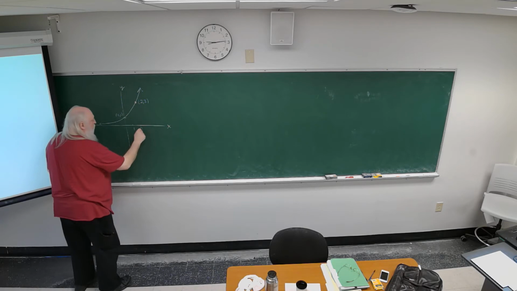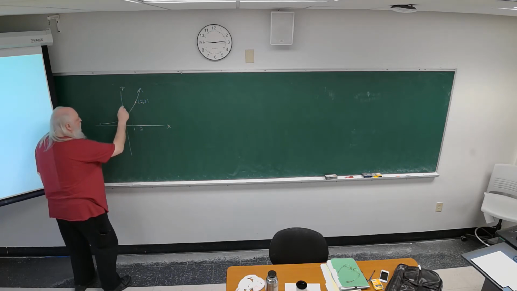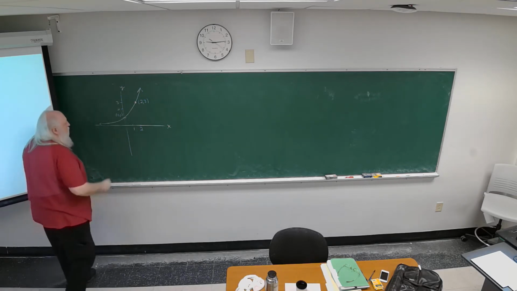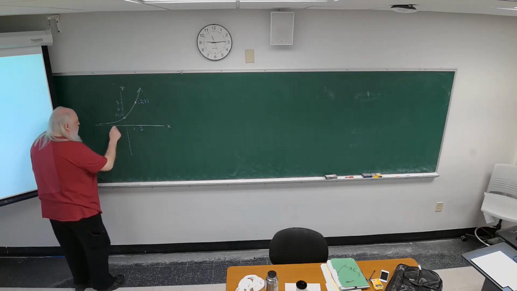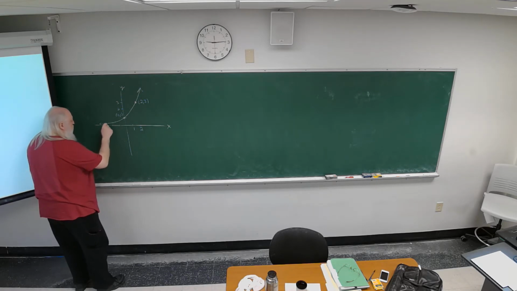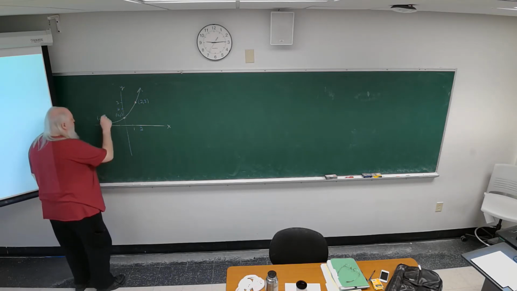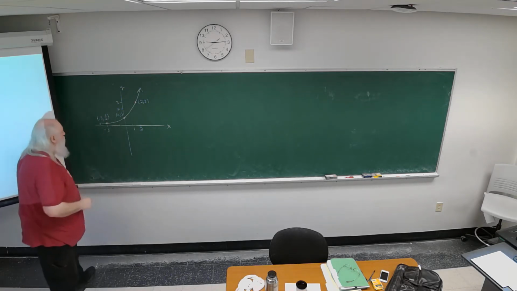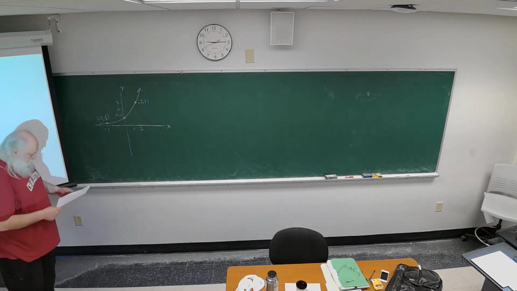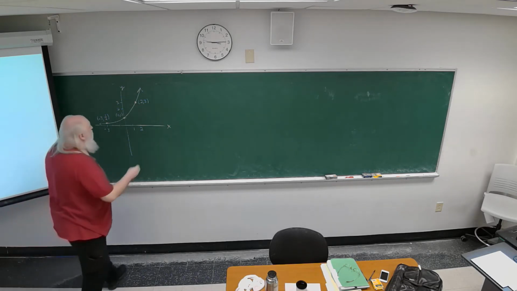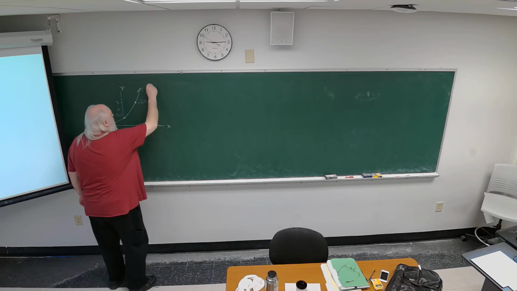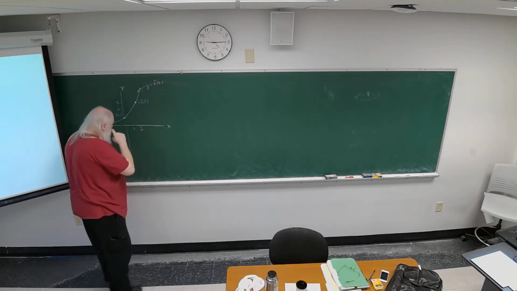So here's x equals 1, x equals 2, y equals 1, y equals 2, y equals 3. And then this point out here, at x equals minus 3, has a y coordinate of 1/2. So that's the graph of a one-to-one function, right? This is the graph of y equals f of x.